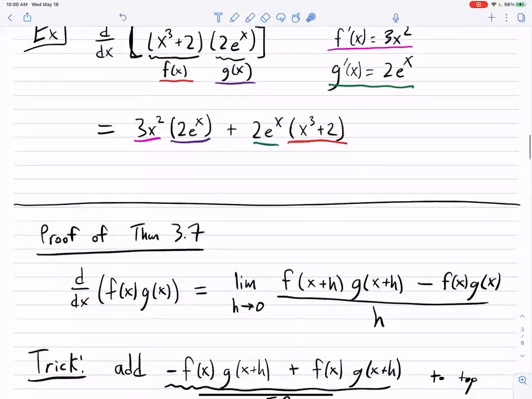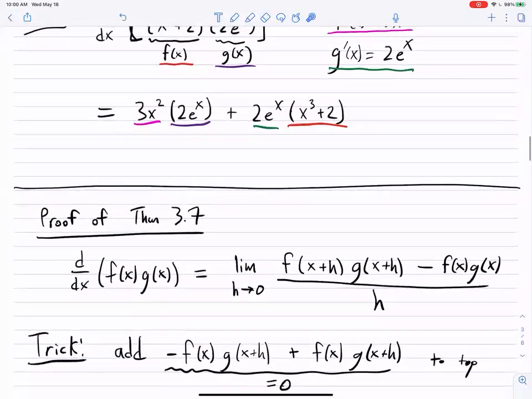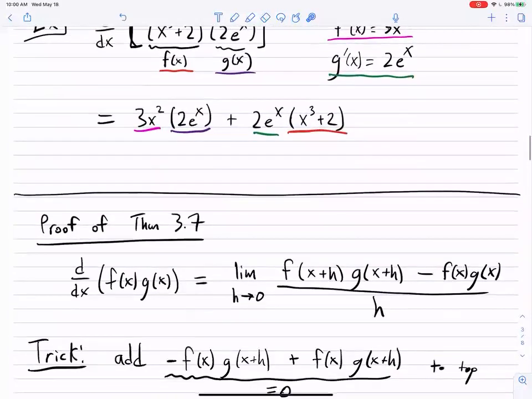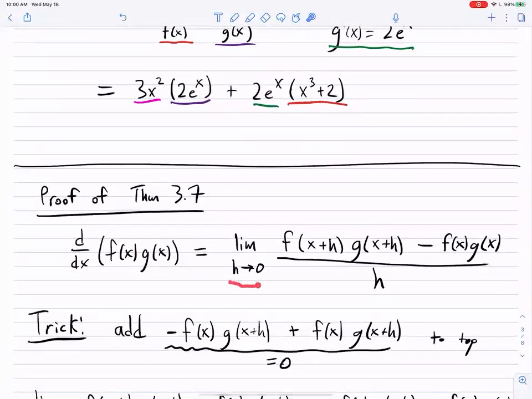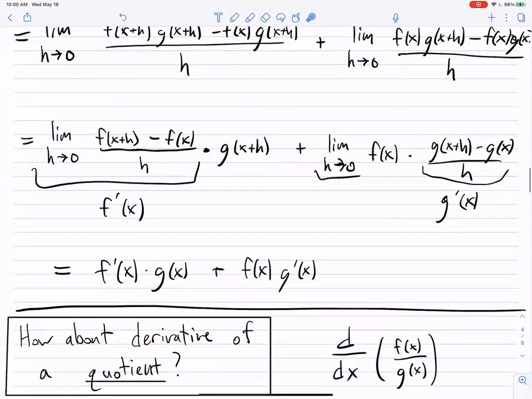I'm going to skip over this, but I want you to see it. This product rule is actually legit, that it comes from the definition of the derivative. So you take the limit as h approaches 0 of f of x plus h times g of x plus h minus f of x times g of x, over h. If you take this limit and keep going, you'll actually see that what pops out is f prime of x times g of x, and then f of x times g prime of x.